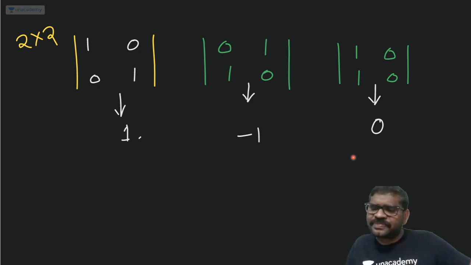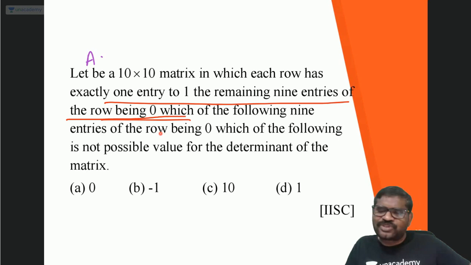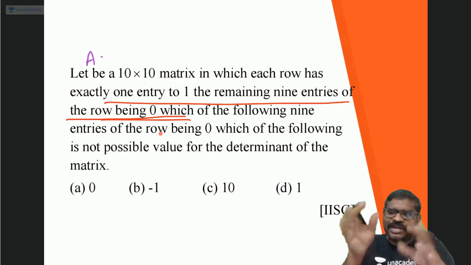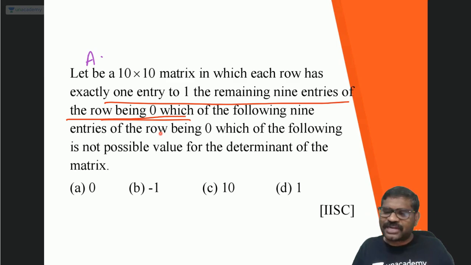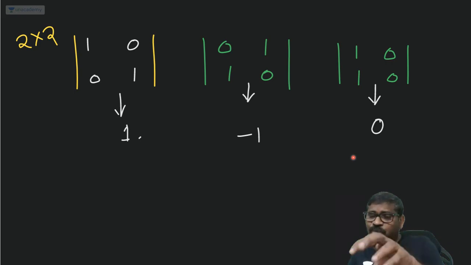Aditya, how does a skew symmetric matrix come? We have only 1 and 0 as the entries, right? How can you develop a skew symmetric matrix? You can develop a null matrix, but the null matrix does not satisfy that condition. That's why either 1001 form or 0110 form or 1010 form.